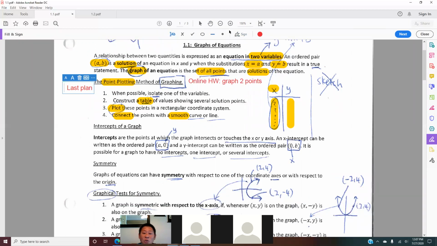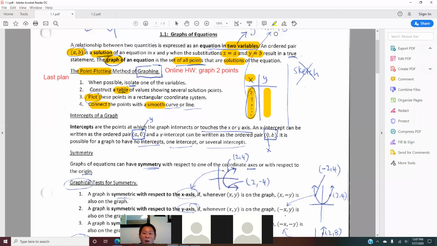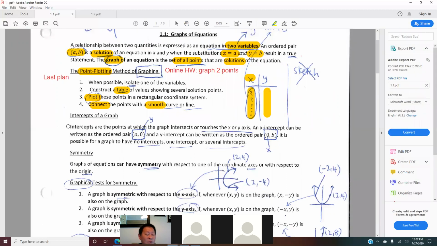Another way for us to draw a graph is using what we call the x-intercepts. So we're using the x and y intercepts. The x-intercept is where the graph touches the x-axis, and the coordinates of the x-intercept in this case is (a, 0). This is something you need to know. In order to find the x-intercept, your y has to be equal to 0.